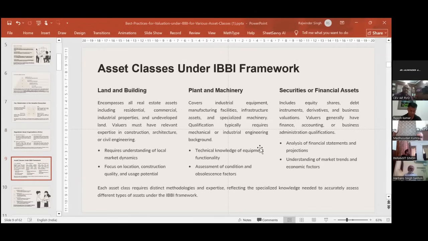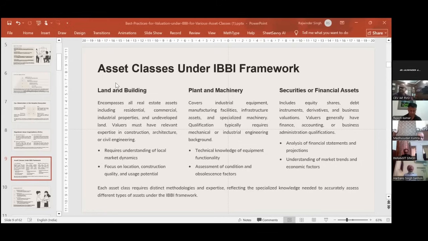Now, asset classes. Under IBBI, there are three asset classes. The first one is land and building, the second is plant and machinery, and the third is securities or financial assets. So land and building valuers, what do they do?